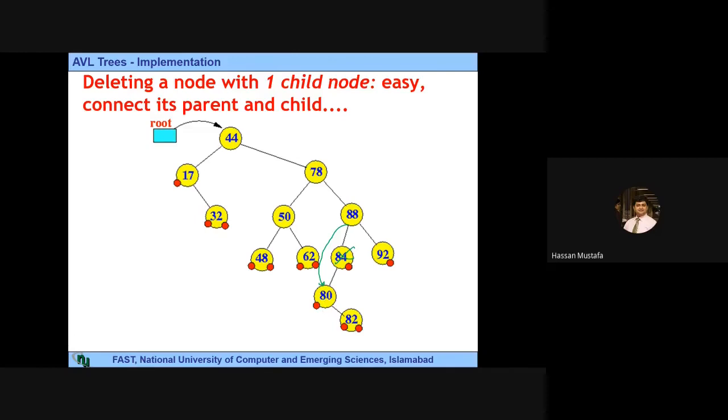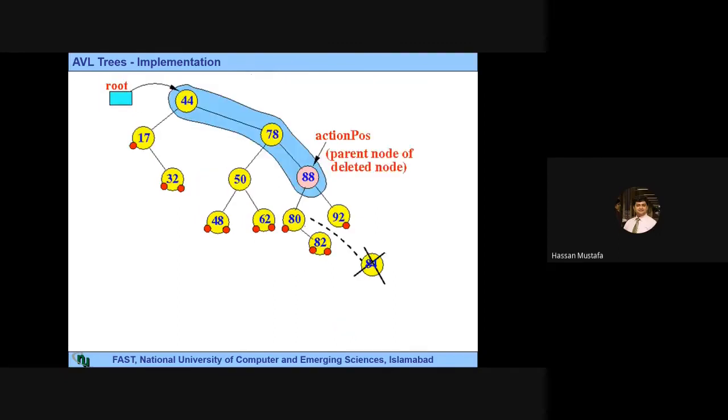So we just move 80 to the left of 88 and release the memory of node number 84. Okay, so that's the deletion. But once we perform the deletion, this blue area is again the part of the AVL tree where the AVL properties might have been affected. Okay, let's move on to the third case.